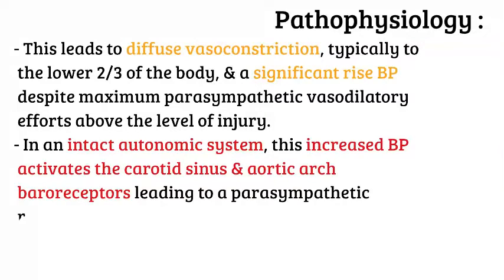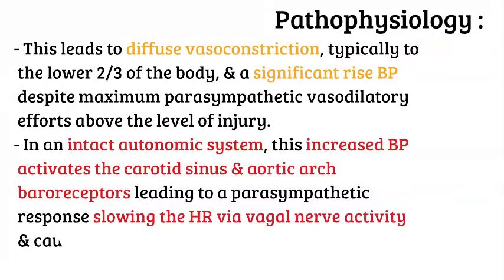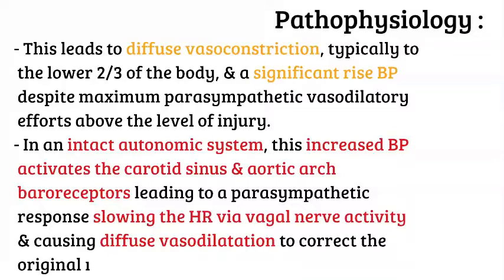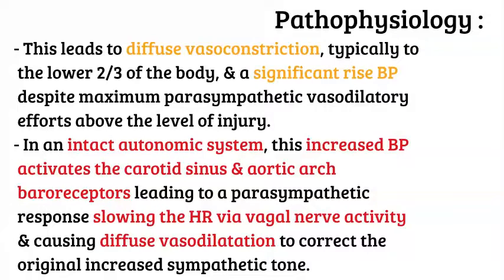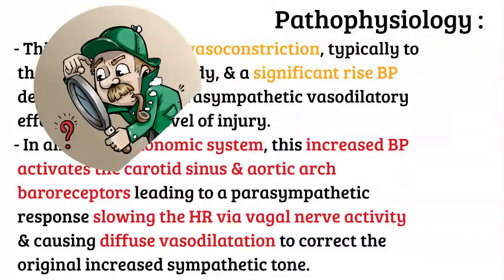In an intact autonomic system, this high BP activates the carotid sinus and aortic arch baroreceptors, leading to a parasympathetic response, slowing the heart rate via vagal nerve activity and causing diffuse vasodilatation to correct the original increase in sympathetic tone.